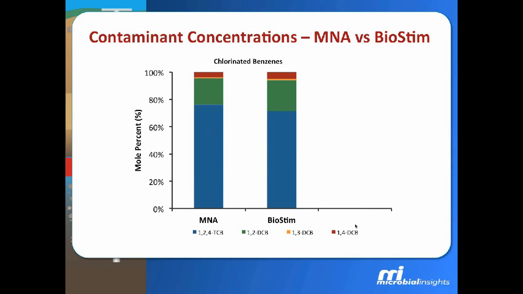We also looked at contaminant concentrations for the chlorinated benzenes in these 2 units. The predominant contaminant in both the M&A and BioStim units was 1,2,4-trichlorobenzene. The biostimulation unit had a lower concentration of the 1,2,4-TCB, while dichlorobenzene concentrations were higher than in the M&A unit, suggesting the potential for enhanced degradation.